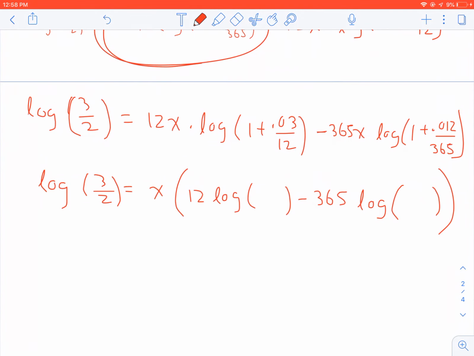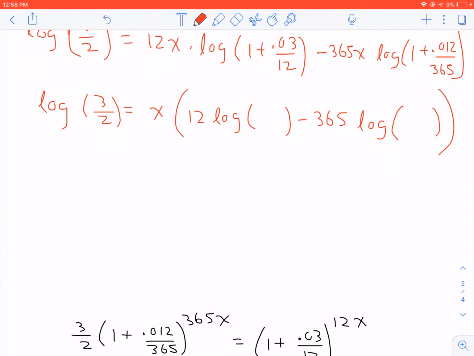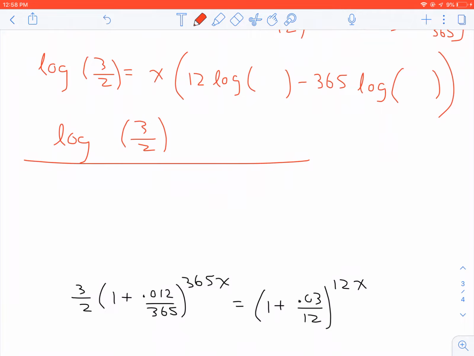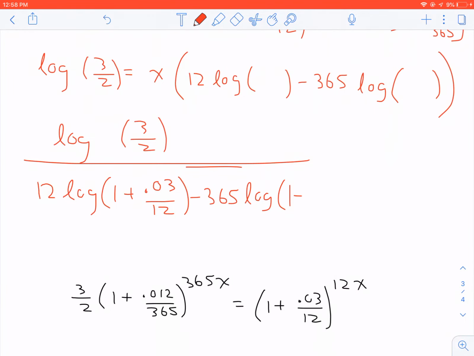I know it's getting kind of crazy, and we get log of 3 halves all divided by 12 log of, what was that? That was 1 plus 0.03 over 12 minus 365 log of 1 plus 0.012 over 365.